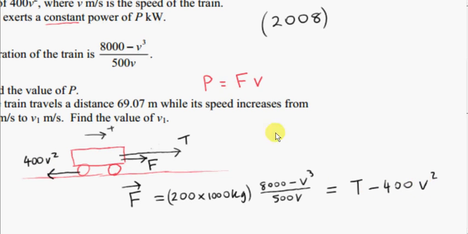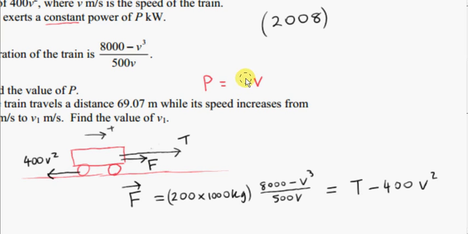Okay, let's relate T to the power of the engine. By the way, this F is not the same as this F here. I use this F to talk about a force on a particle, the work done by a force F on a particle as it moves a distance ds.